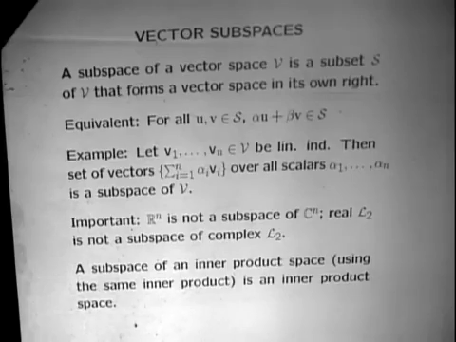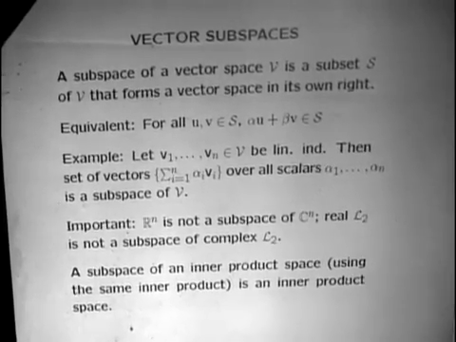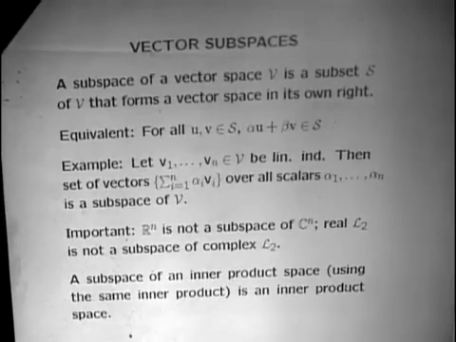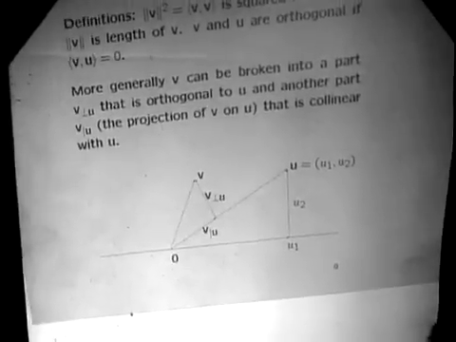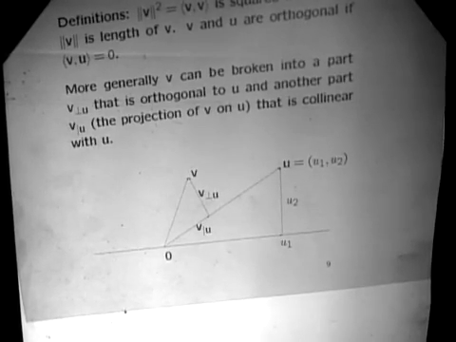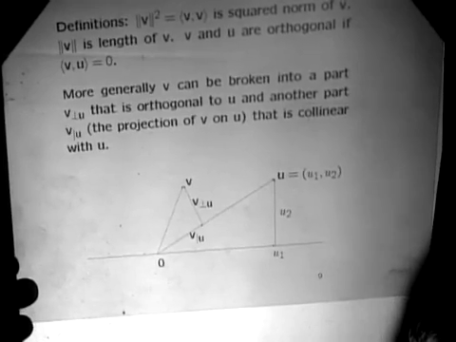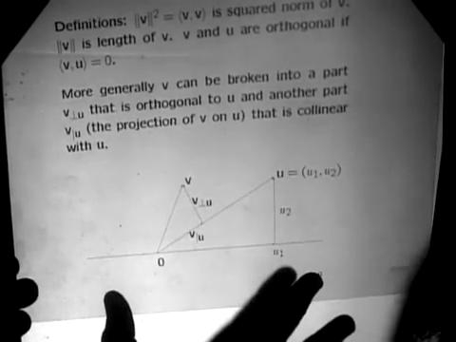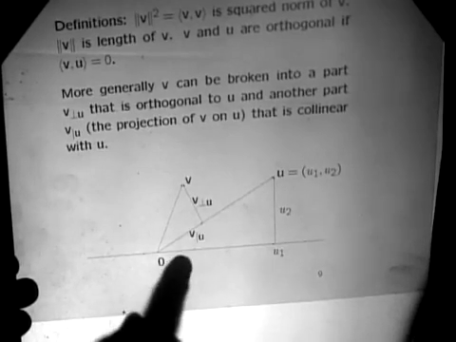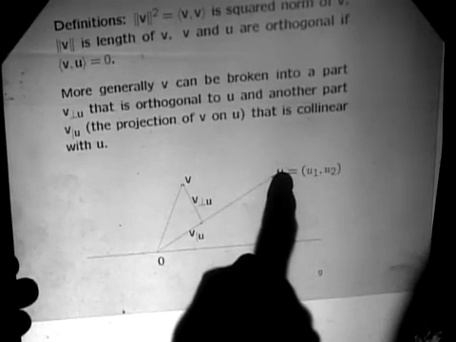If I take one of these diagrams back here that I keep looking at, I'll use this one. If I want to form a subspace of this two-dimensional vector space here, one of the subspaces includes u, but not v, perhaps.